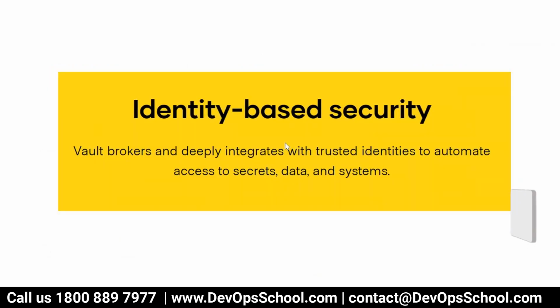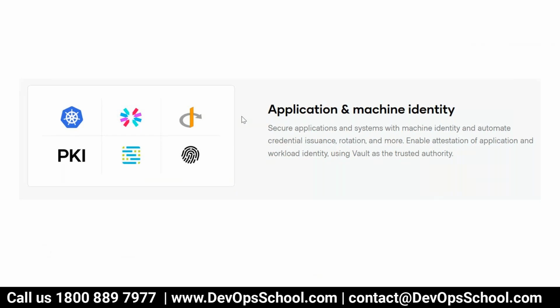Okay, so HashiCorp Vault is identity-based security. Identity means you can set up identity-based authentication and authorization. Vault brokers and deeply integrates with trusted identities, like LDAP, AD, single sign-on and all stuff like that, to automate access to secrets, data, and systems.